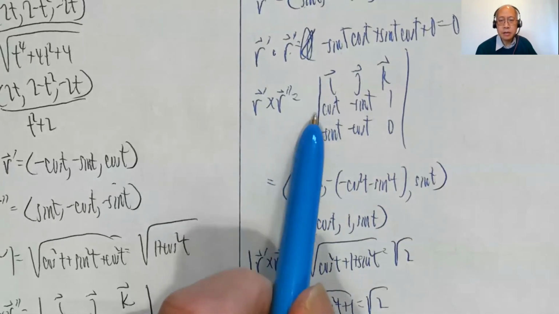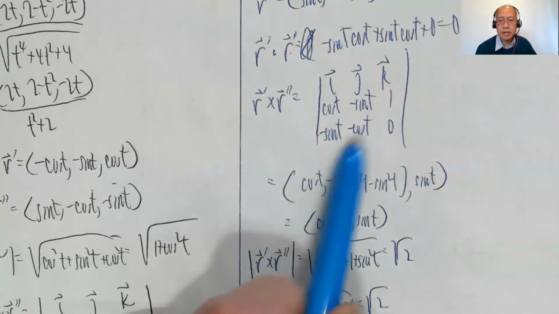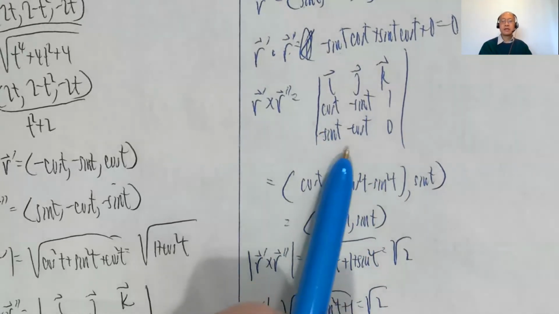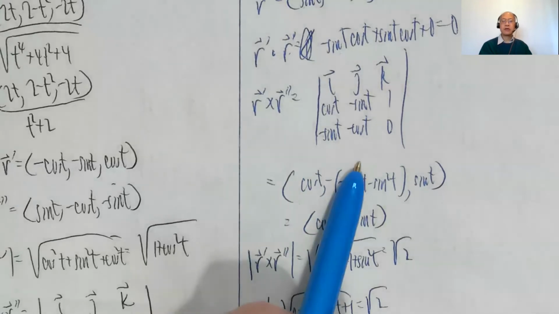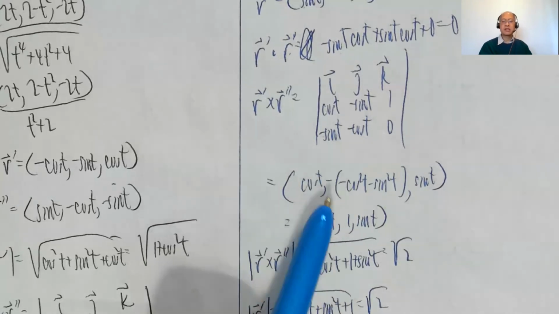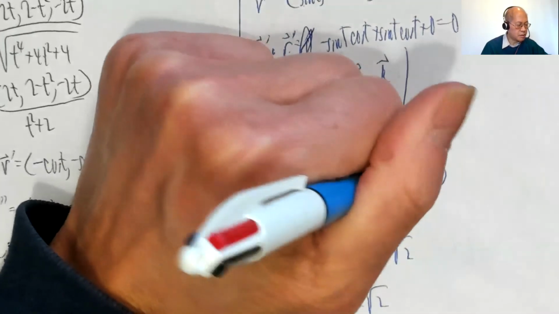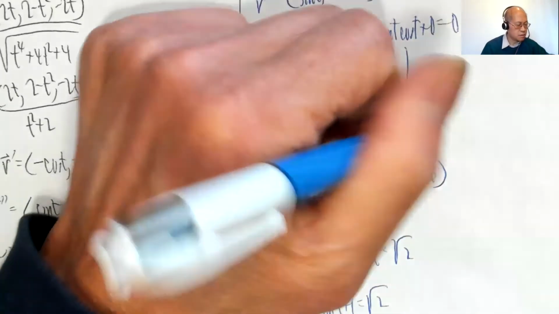Plus j component is nothing plus sine t. And then the k component is negative cosine squared minus sine squared, which comes out to be negative 1. I think I marked this up. This should be negative 1.